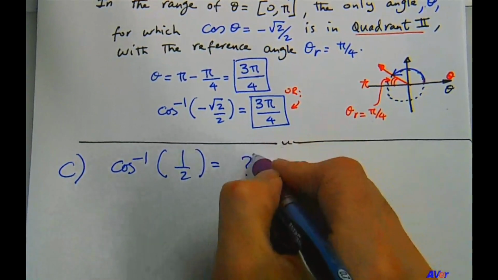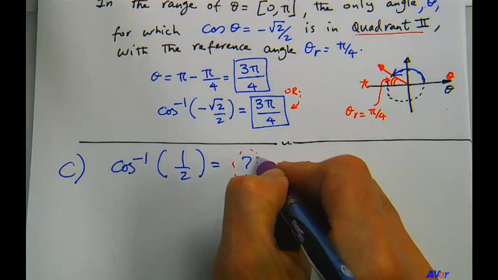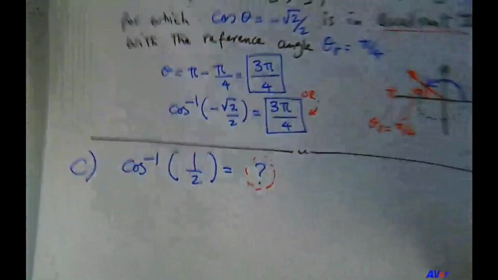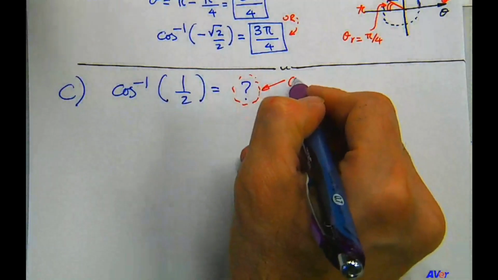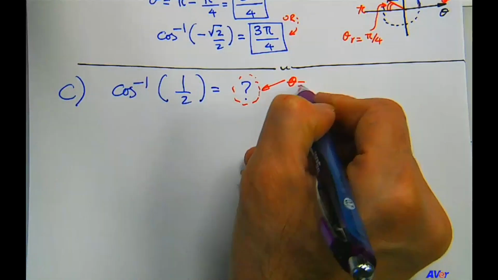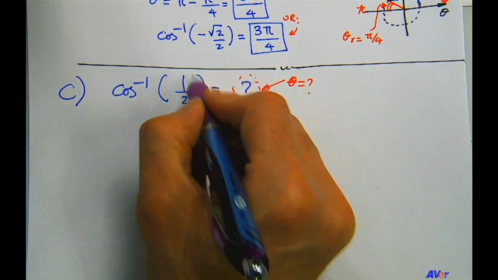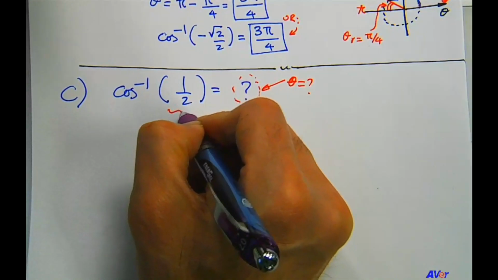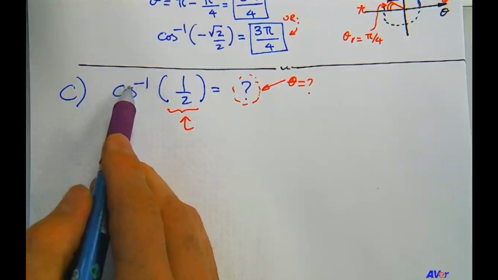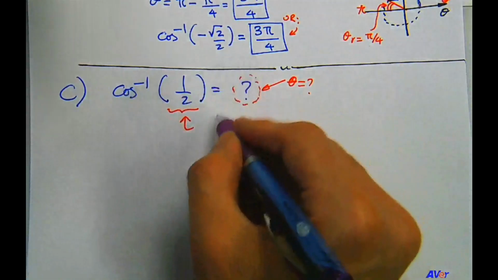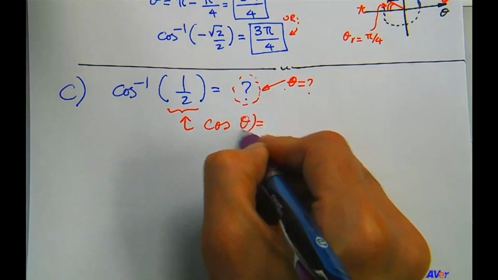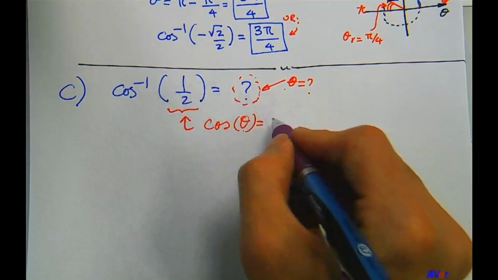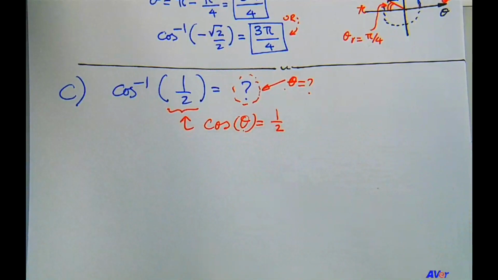You already know what I'm going to do here, right? I'm going to put a dashed circle around it, and I'm going to say that we're looking for an angle here. That's theta that we're looking for, and this piece, because it's part of an inverse cosine function, means that there must be some angle theta for which cosine of theta is equal to 1 over 2.